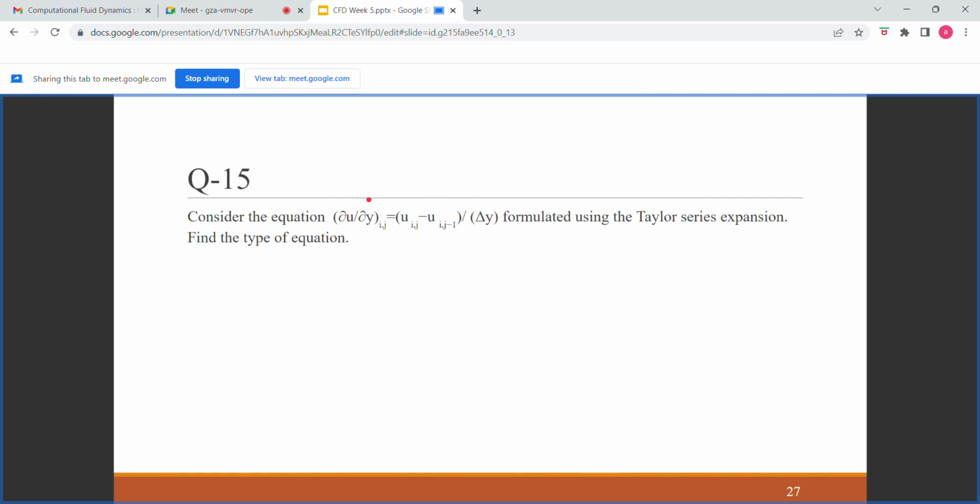So basically, what is the type of equation, or what is the type of scheme used in the conversion of a partial differential equation into an algebraic equation?